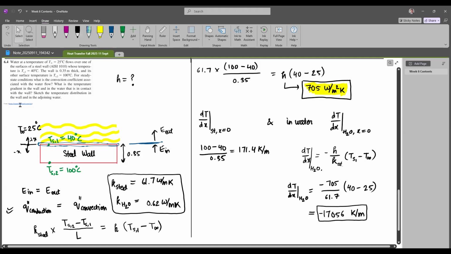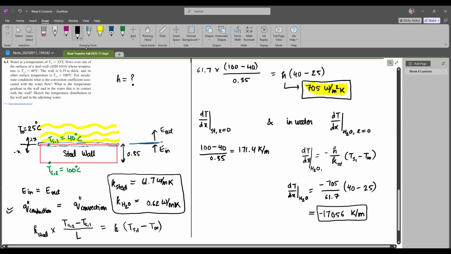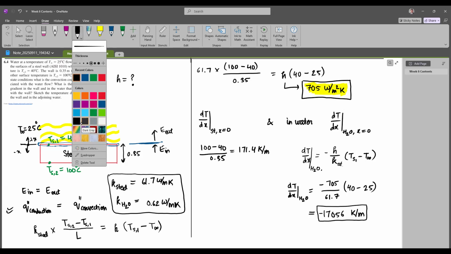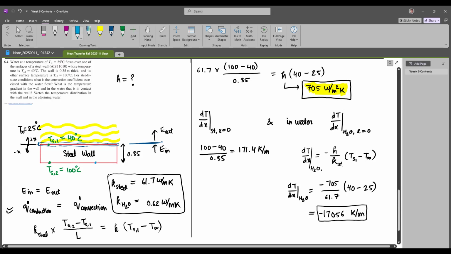Sketch the temperature distribution in the wall and the adjoining water. Okay, for the sketching, I don't have the sketch with me right now. In the wall, it's pretty simple, right? Let's use a blue pen for this.